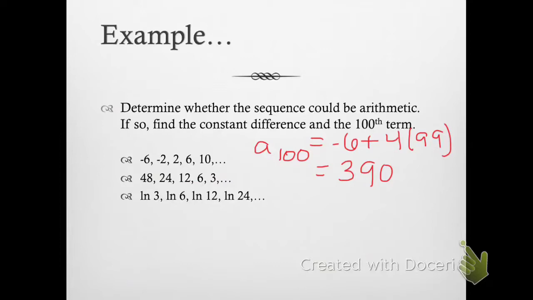Down here, if you take a look, you'll notice that as I go down the terms in the sequence, I subtract 24, and then I subtract 12, and then I subtract 6, so this one is not arithmetic. When we do the natural logs, though, the natural log of 3 minus the natural log of 6, actually I should write the other way.